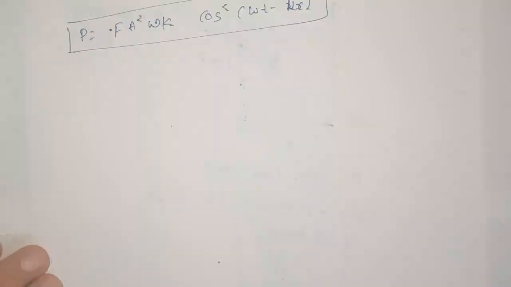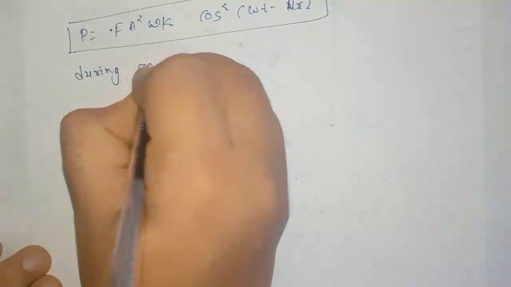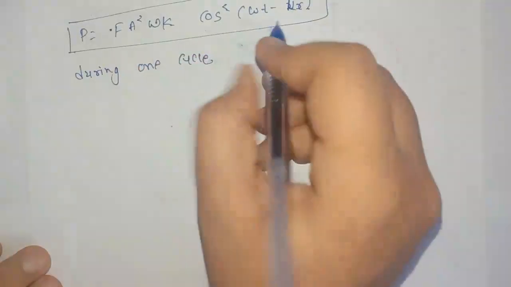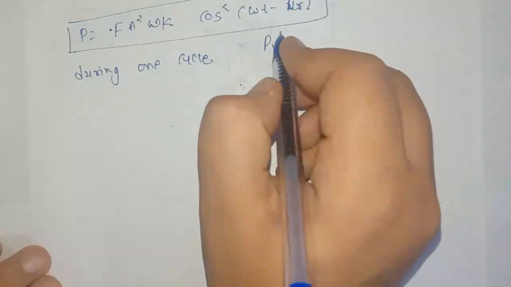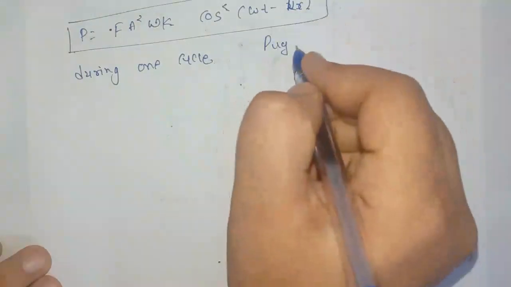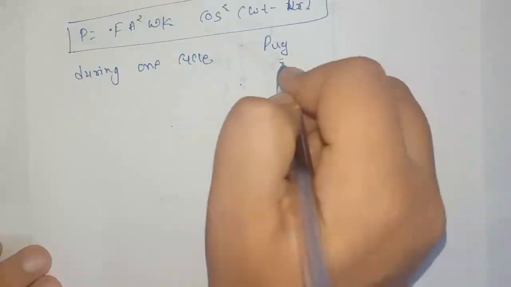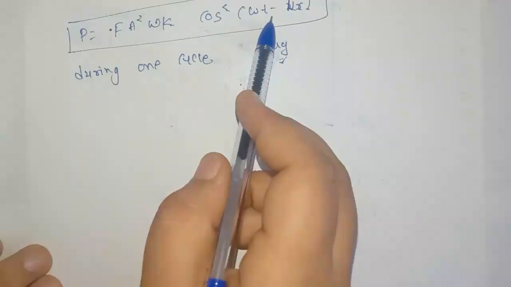Now, during one cycle, let us find the average power. For that, we have to find the average value of cos square of omega t minus kx.